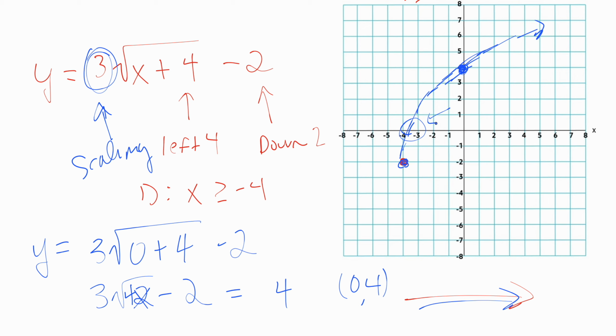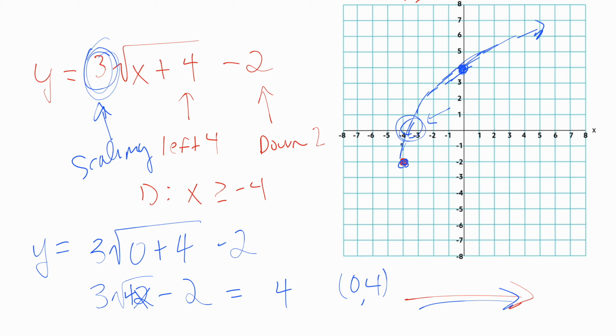You might want to try to find that one as well using the skill from the previous example, but I can tell you that one's not easy to find. So worst case scenario is you have a rough idea of what the graph is supposed to look like. You can easily determine the left, right, up, down transformations. And then for the scaling and reflection, pay attention to that direction, but also pay attention to this steepness factor.